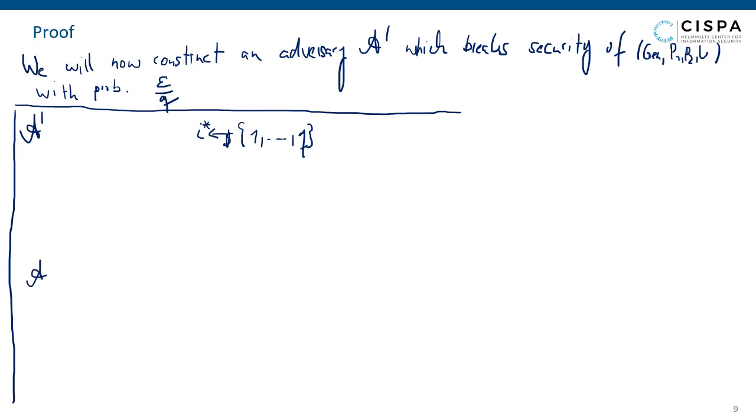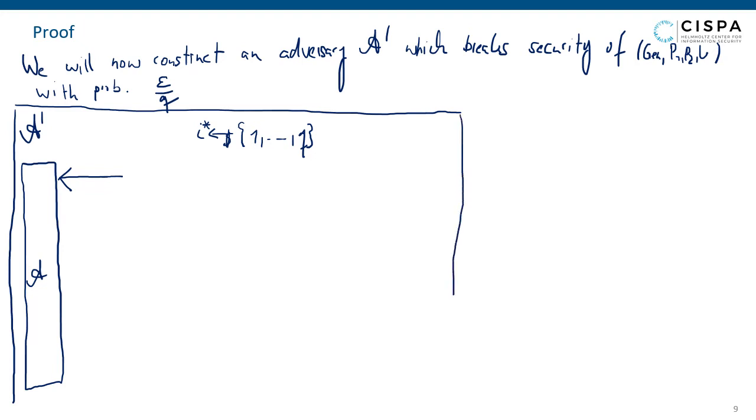So here we have our adversary A. And first off, we need to provide A with a verification key. How do we do this? Well, our A prime is an adversary against the identification scheme.